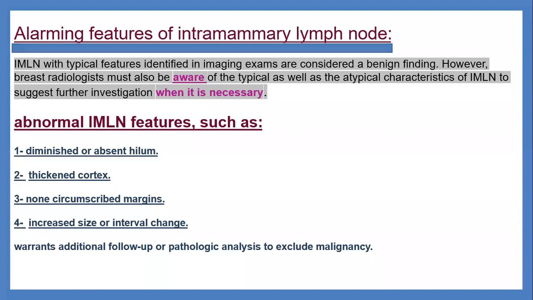If it has a thickened cortex, or a non-circumscribed margin, whether spiculated, indistinct, lobulated or microlobulated, like a mass. The margins, we describe as if we're describing the margin of a mass.